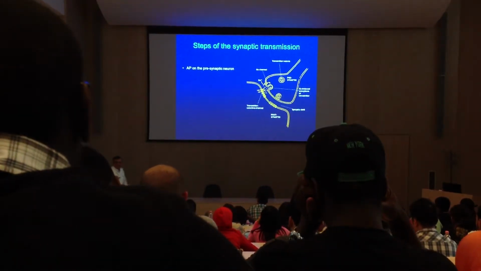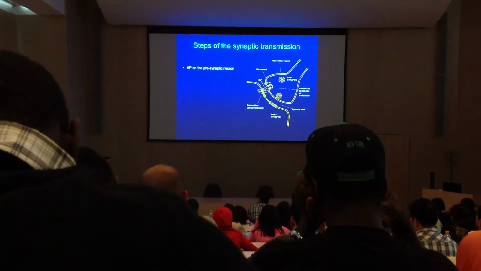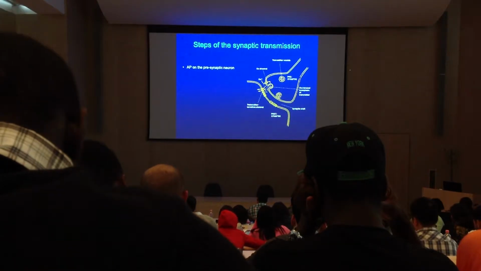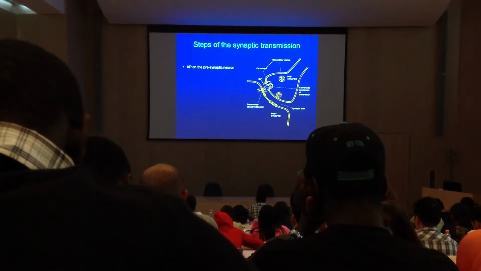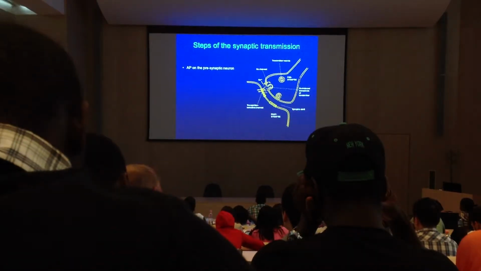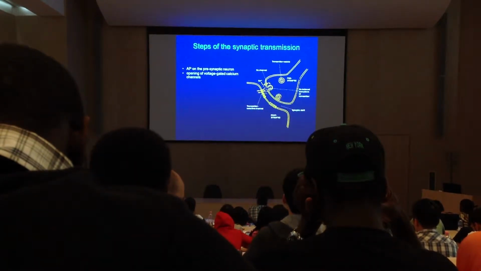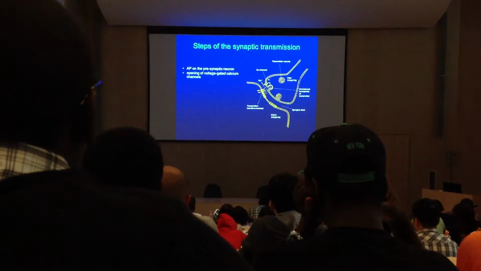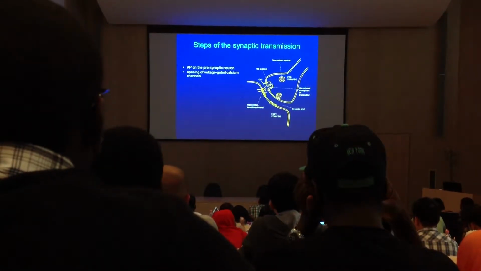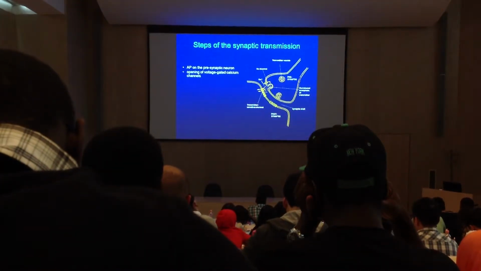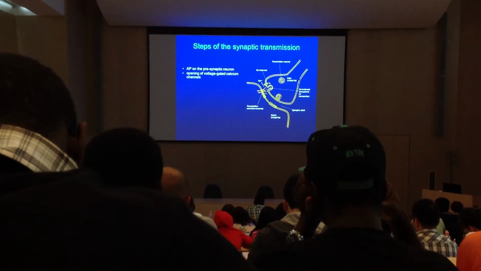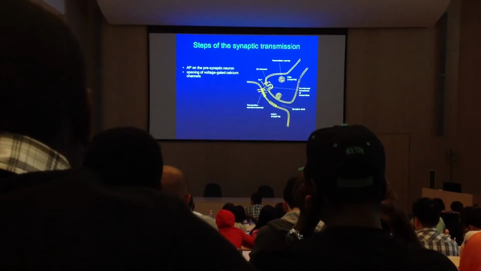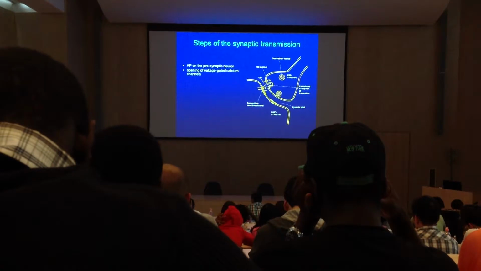If not, we will just say the end of the axon. So this action potential arrives at this end of the axon, and of course this is a depolarization. This depolarization finds calcium channels, voltage-gated calcium channels, very much like sodium channels. The difference is that instead of letting in sodium, they let in calcium.